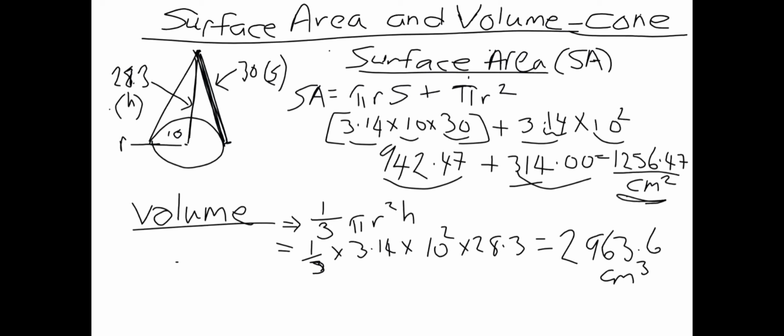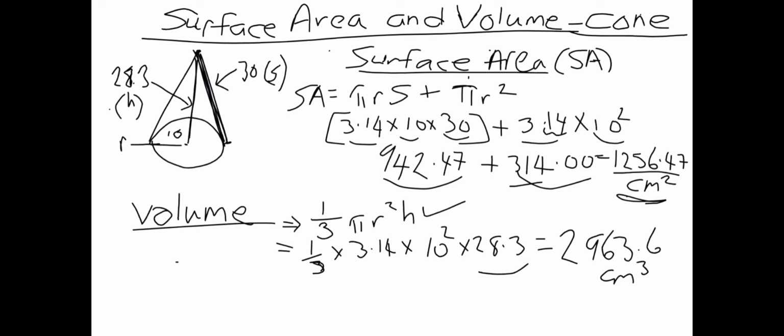Again, the volume of a cone, the formula is 1/3 of pi r squared times height. And we already know the height is 28.3, so we're not going to use s in this case.